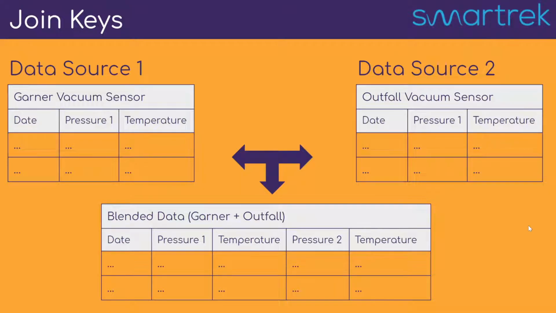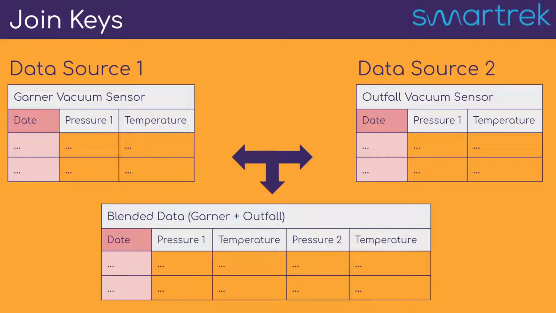Basically, we need to find a way to transform our data sources into this. So a single data source with pressure 1 and temperature from each data source merged at the same timestamp or date. Therefore, our join keys in this particular example will be our date.